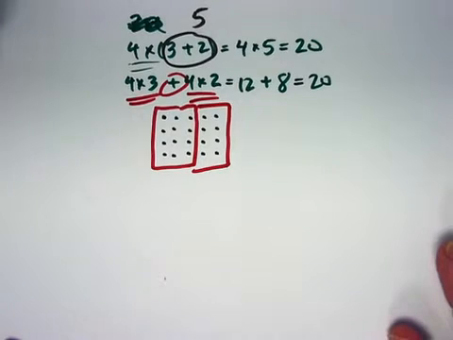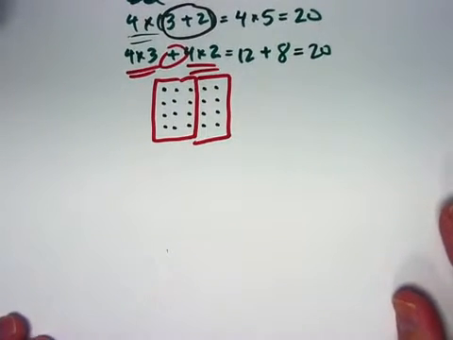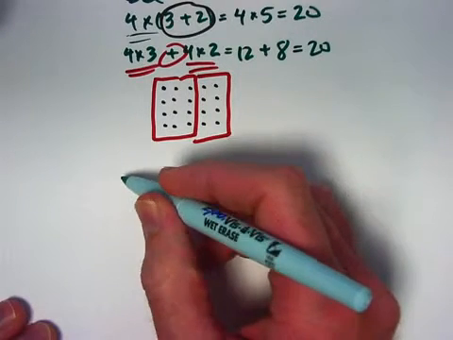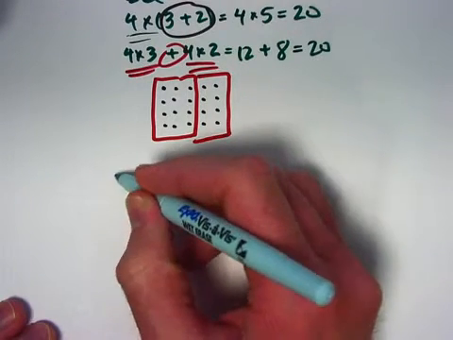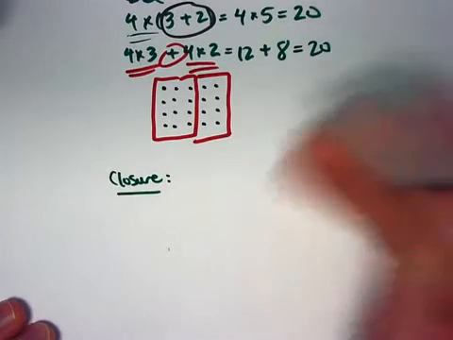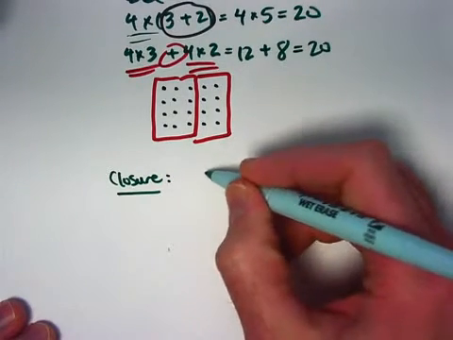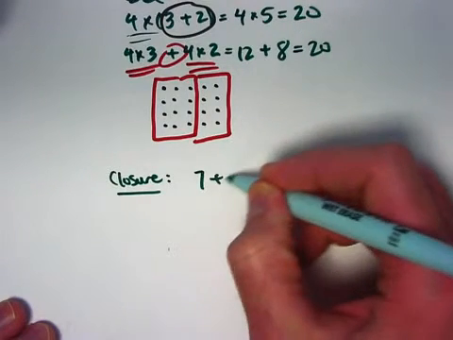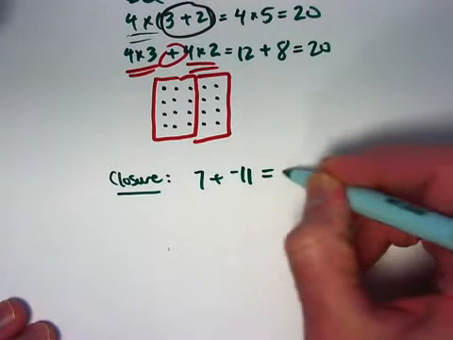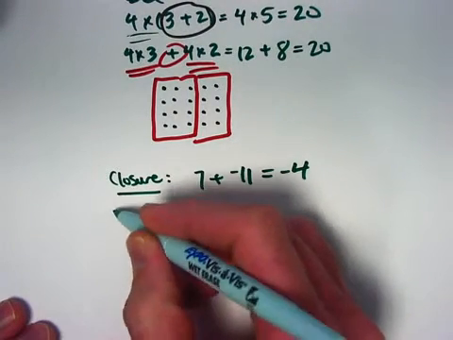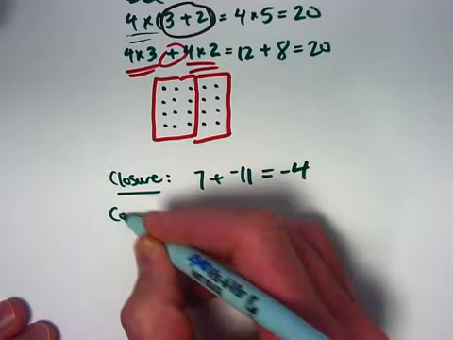Let's spend just a couple minutes then reviewing the algebra properties that we've talked about here so far. One property was closure. That was a property of the integers overall. You add any 2 integers, whether they're positive or negative, 7 plus negative 11, you get another integer. There's the commutative property.